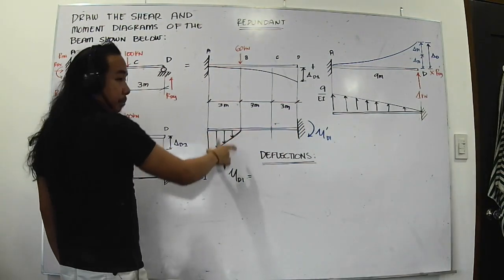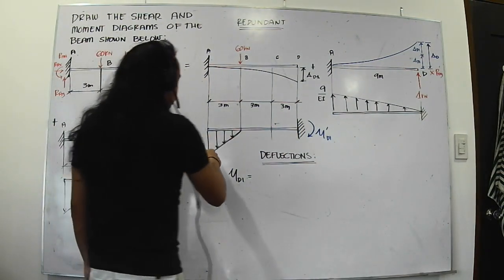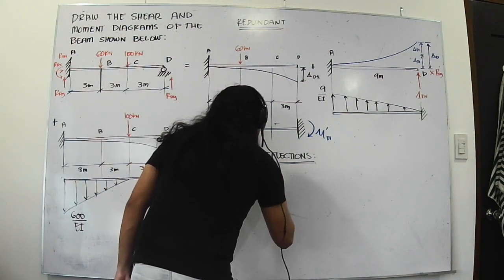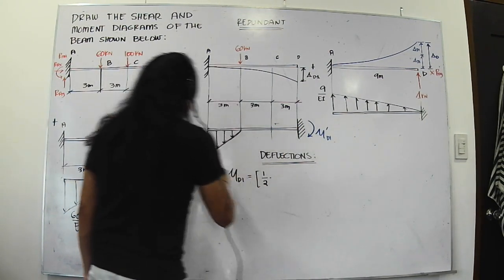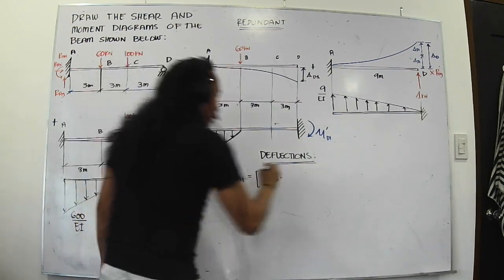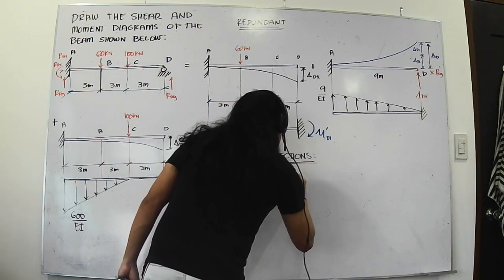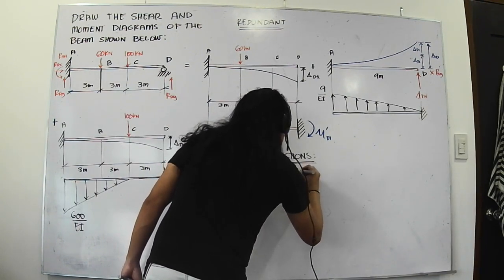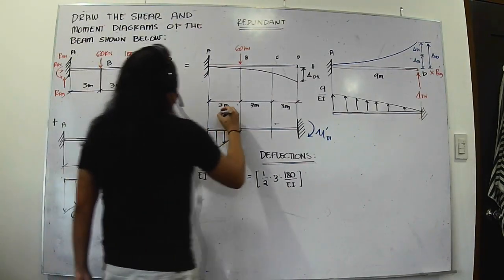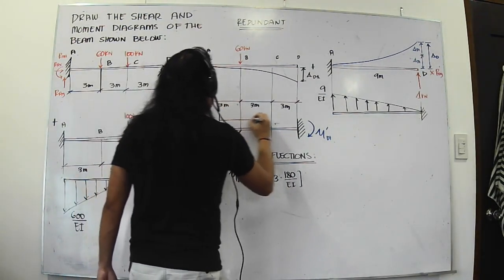Kani siya hanggang produce na moment ba? Area niya that is equal to sa triangle. 1/2 times base na to which is 3, height na to which is equal to 180 over EI. Okay. That is our force. Now this force is centered na located rin dapit na kon.